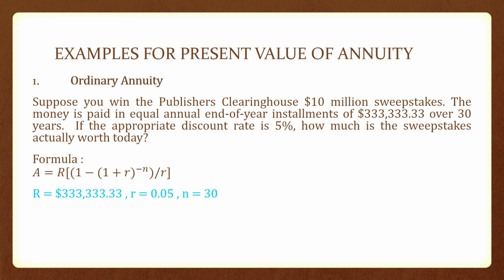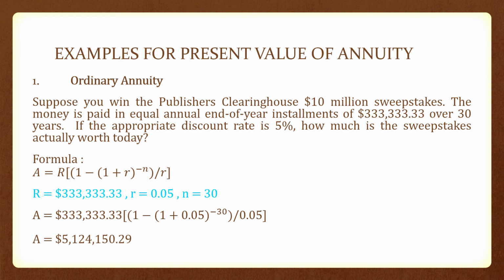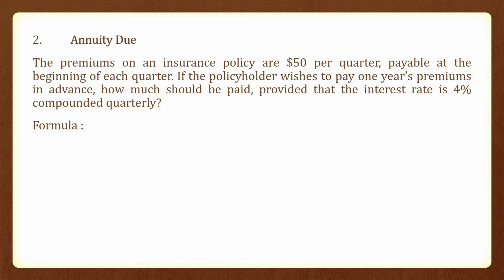And we also have n, the period, which is 30 years. After we have all the information, we just put it into the formula and press the calculator to get the answer. So the answer is $5,124,150.29. Then we go to the next question.